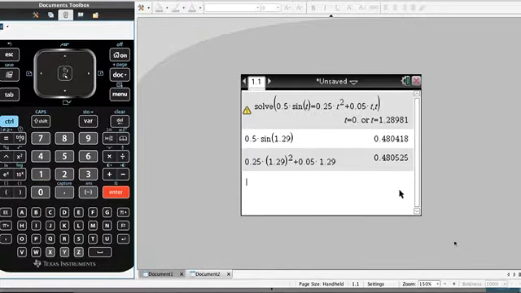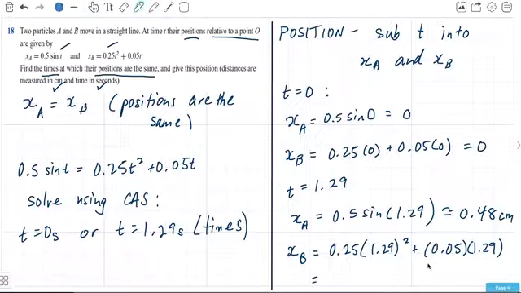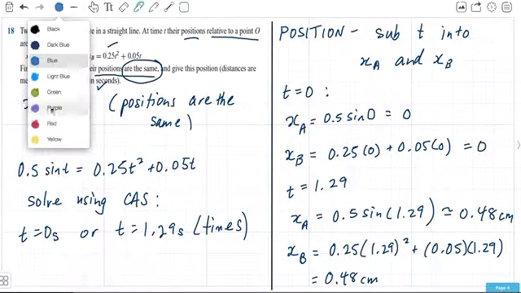And we get 0.48, and that makes sense because this is sort of a double check of whether or not you've got your workings right. So 0.48 in both, because remember this is the position where the two things are equal, where the positions are the same. So we actually have two places where that happens.